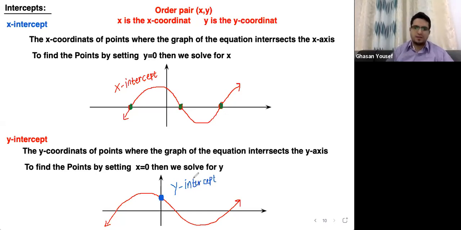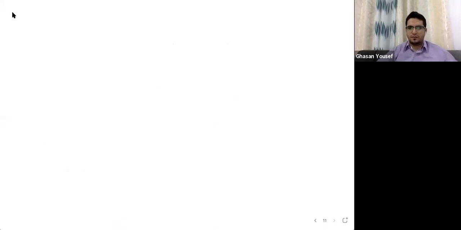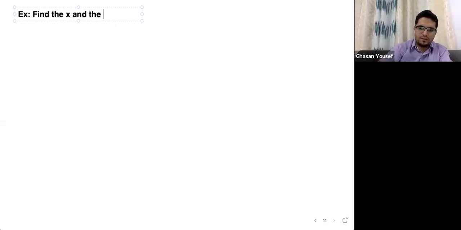Now next time we're going to solve this example. I just want to write it down. Give me a hint of how we can find the x and y-intercepts of the function.